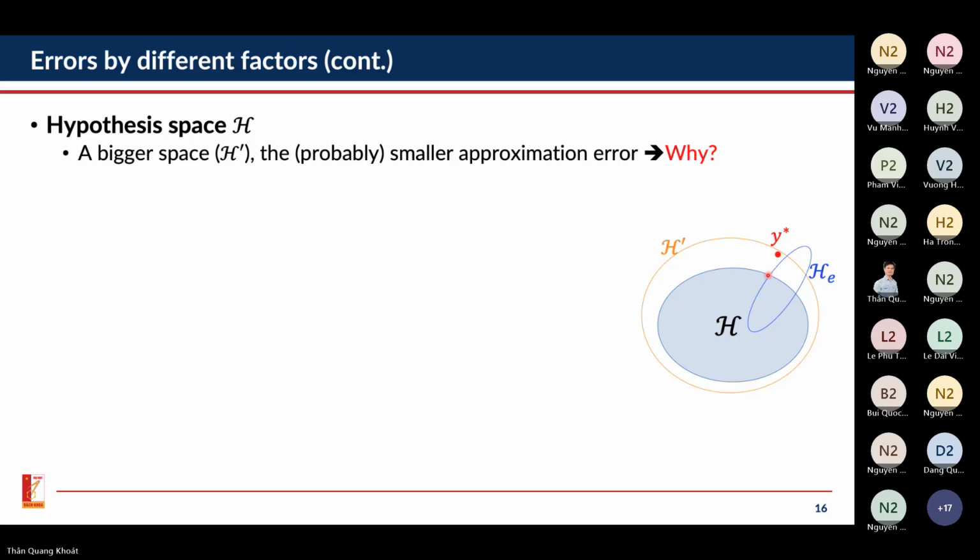It represents the approximation error. But when we use another bigger family that contains this one, for example this family, then this family is bigger and contains the smaller family, right?